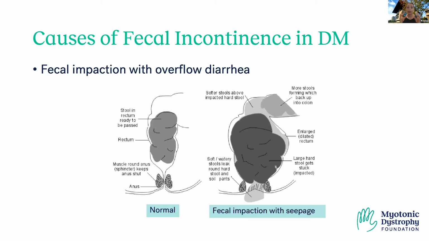And this prevents the normal flow of the stool out of the rectum, and only the liquid stool can be seeped or leaked out of the rectum from around this rectal mass. And here, for the symptoms of the fecal leakage, we should really be cautious with the use of the antidiarrheal medications, because that's going to make the situation worse. And the treatment will involve using enemas to get this rectal mass to dissolve and come out, so that the leakage will improve after this is done.